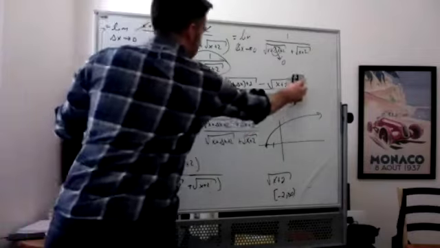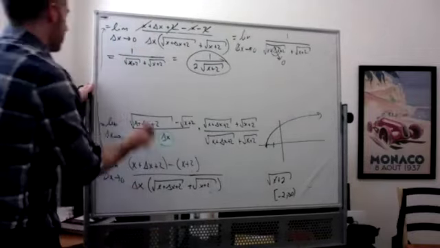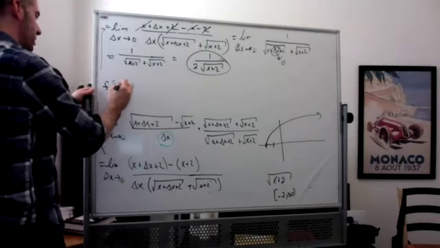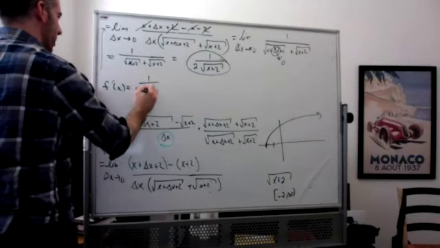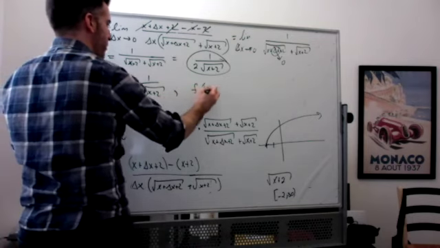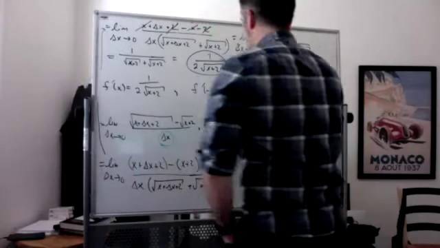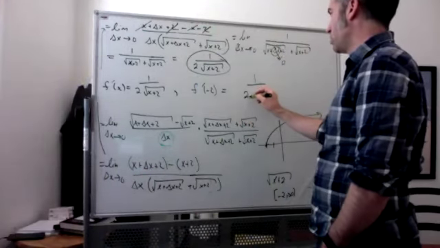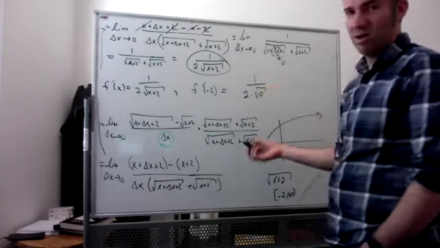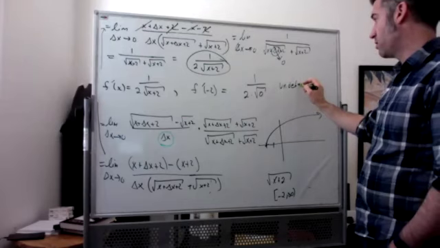So my derivative, f prime of x, is 1 over 2 times the square root of x plus 2. And notably, f prime of -2, if we try and plug in -2, we end up getting 1 over 2 times the square root of 0, which is division by 0, undefined.